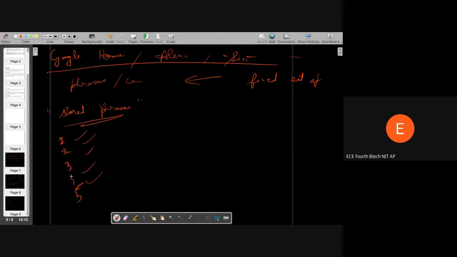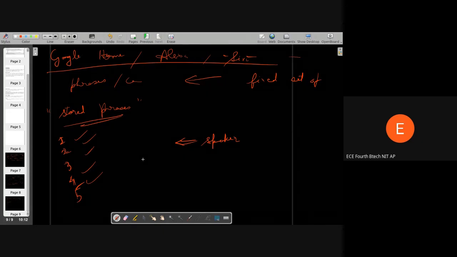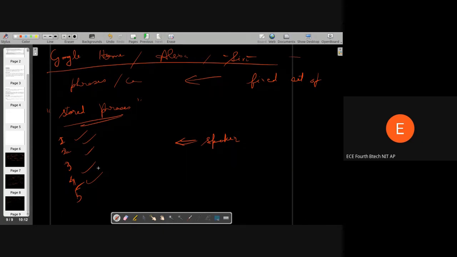Whenever you utter a particular phrase, they compare and find out which one matches. A speaker speaks one of the phrases, and if it matches any of the stored phrases closely, then that phrase will be selected and the corresponding command executed. This is one simple way to do it using dynamic time warping or template matching.